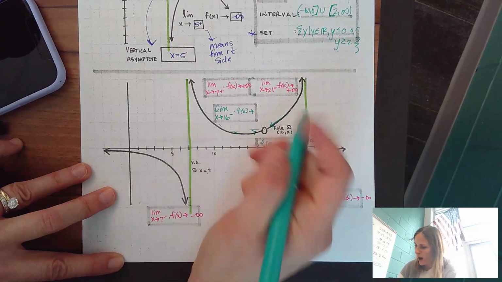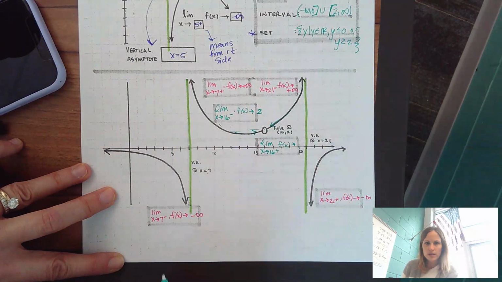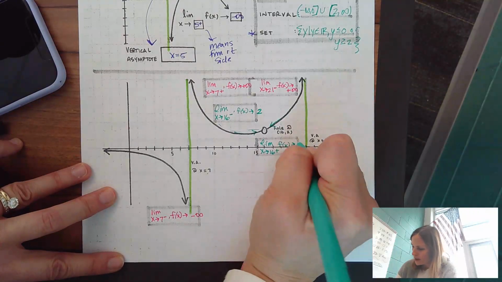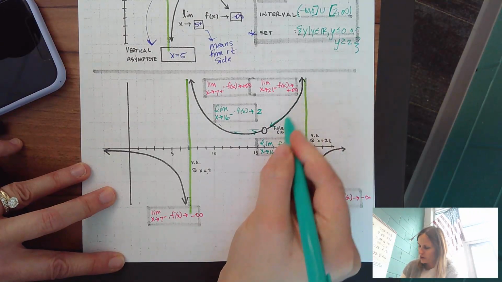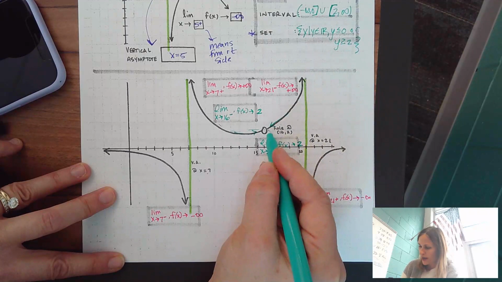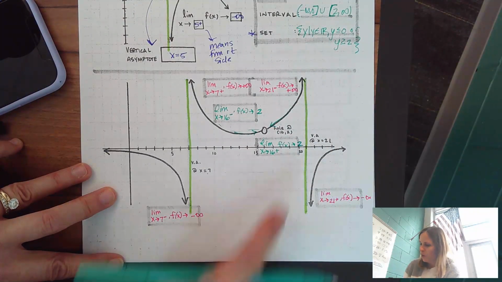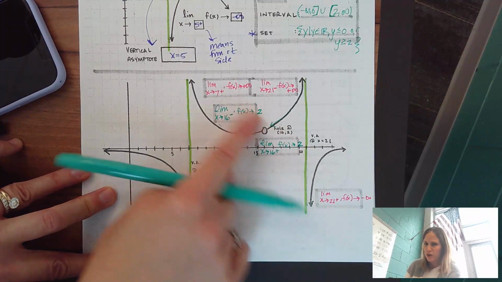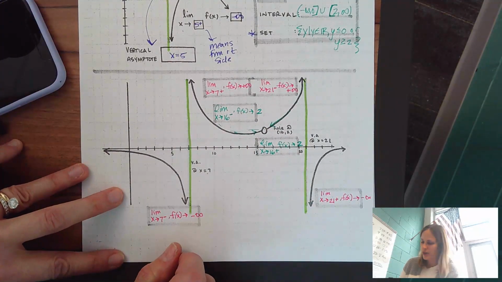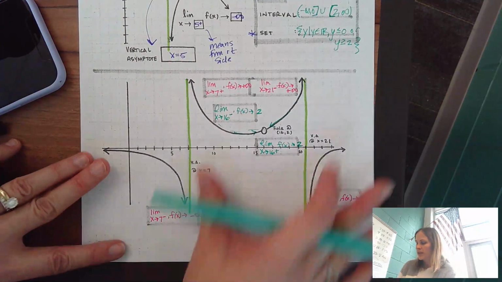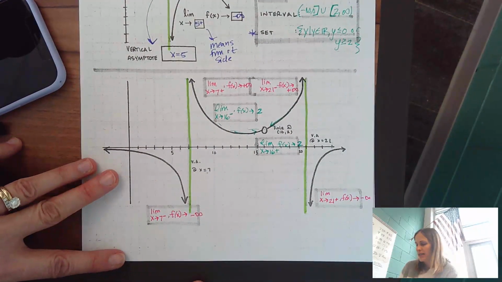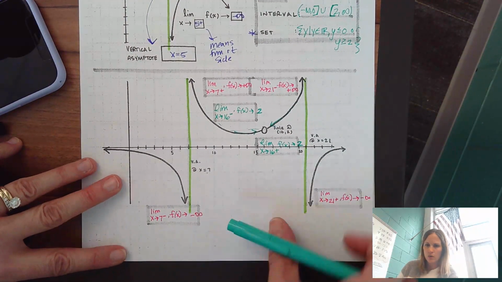So the y value that it's getting closer to is 2. And same thing on this side. If I'm approaching 16 from the right side, the y value is getting closer to 2. Always with a hole, these two numbers should correspond. It should be approaching the same value. So again, this is just a different kind of discontinuity. It's a gap in your graph. It's just a hole.